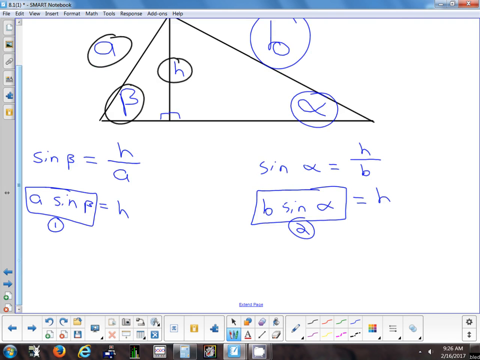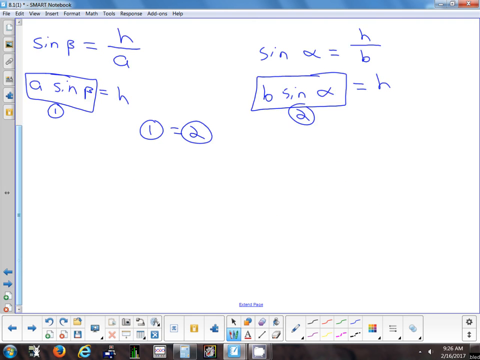Anybody see it? They both equal h. Yes, that's very important. They both equal h, so they're equal to each other. That's the key. Box 1 and box 2 are two different ways of calculating the exact same thing. So let's write that down. Box 1, a sine beta equals box 2.